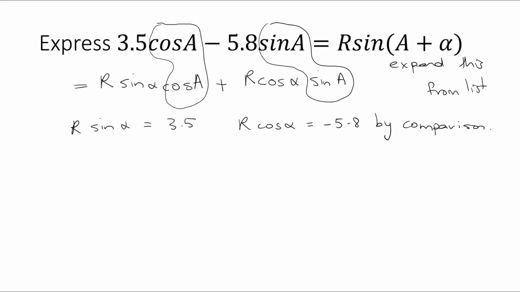We could put that in a triangle, and the sine is going to be the vertical distance, so that would be 3.5. You notice I drew it in quadrant 2 because I already know that the cosine is negative, and it's negative 5.8 there. And that's my triangle in order to find alpha. r is equal to the hypotenuse, that's easy.